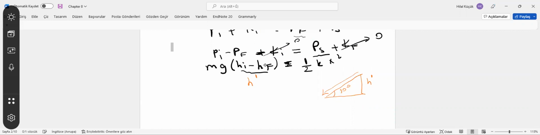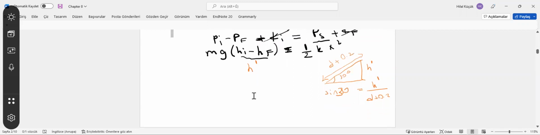I know this part is now d plus 0.2, because I also have to add the stretched part. Okay, can I find sin 30? Sin 30 will be h over d plus 0.2. I need to find h here, so you can write it like that.